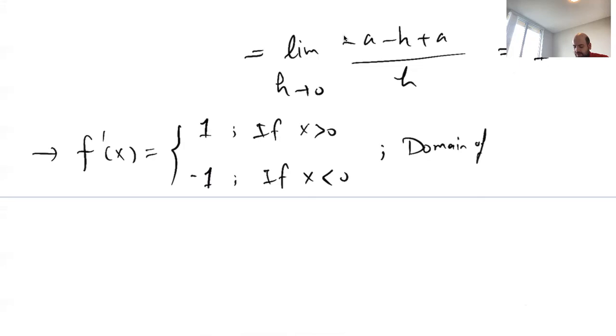The domain of f prime will be R minus 0, as we said, which is the same as minus infinity to 0 union 0 to infinity.